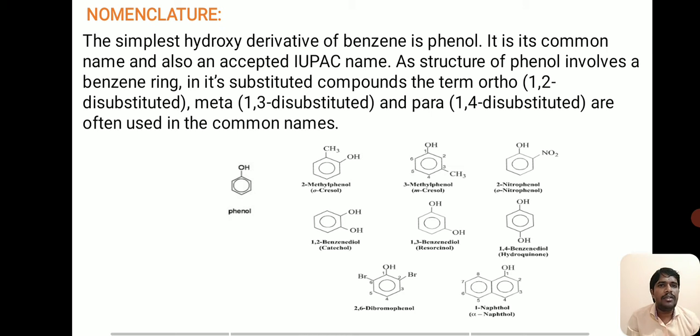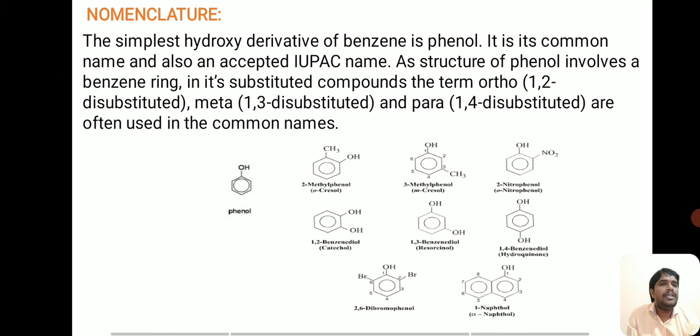For example, phenol, where the OH group is attached to the benzene ring. In the next case, ortho-cresol, it is 2-methyl phenol. Here, the methyl group is attached to the second position with respect to OH. And in the next case, 3-methyl phenol.